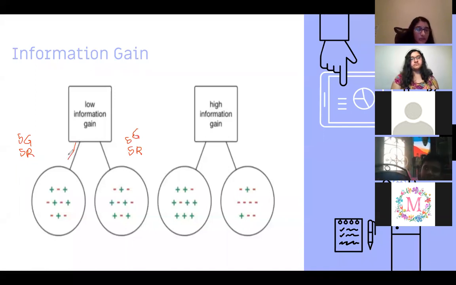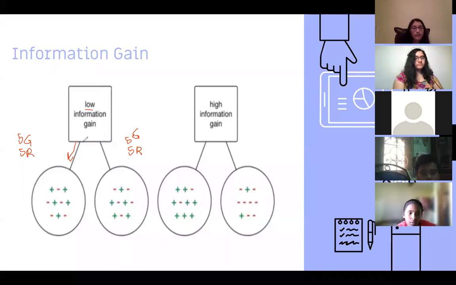If I come to this split, I'm like, okay, this new test data, should I put it in the green class or the red class? I have no idea, because half of the green is sitting there and half of the red is sitting there. So again, this is why it's low information gain, because I really didn't learn anything from the split. Whether I go here or here, I still have no idea whether to put it in the green class or the red class.